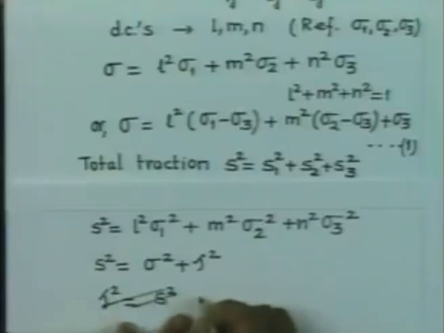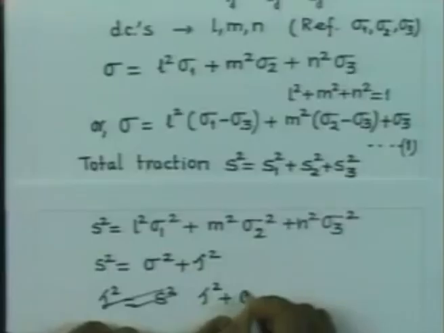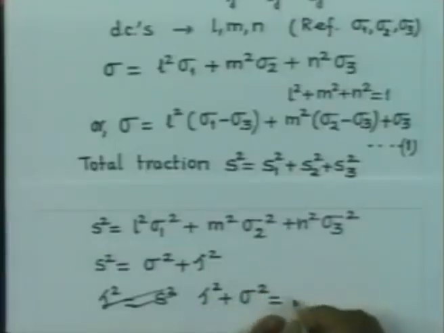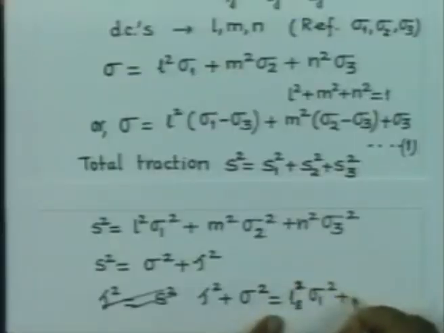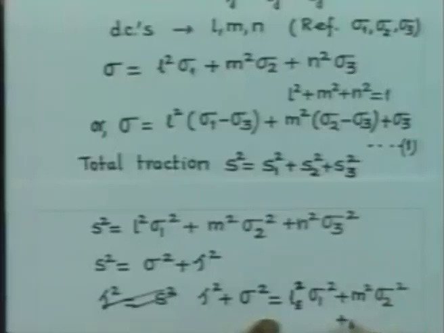We will continue writing: tau square plus sigma square is equal to L square sigma 1 square plus m square sigma 2 square plus n square sigma 3 square.